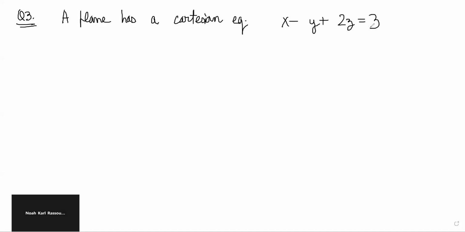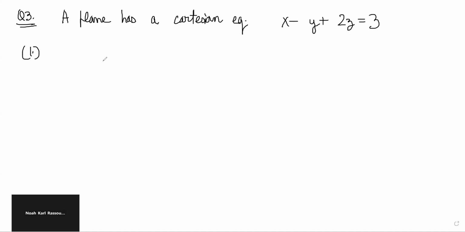Okay, next question is: a plane has a Cartesian equation x minus y plus 2z equals 3.